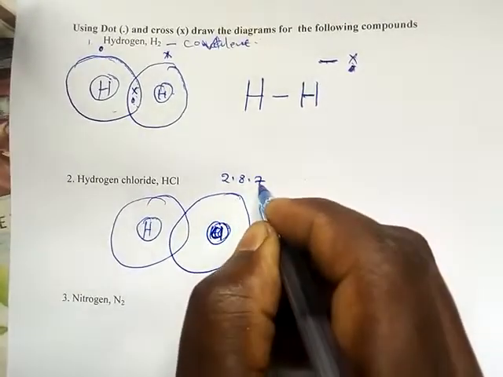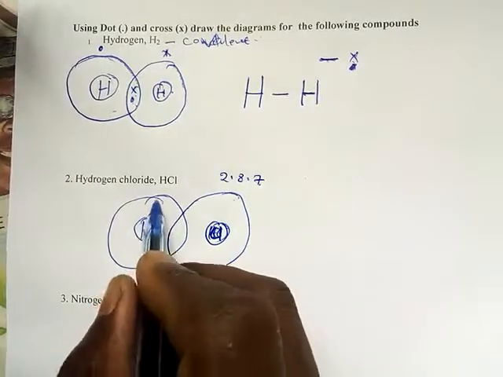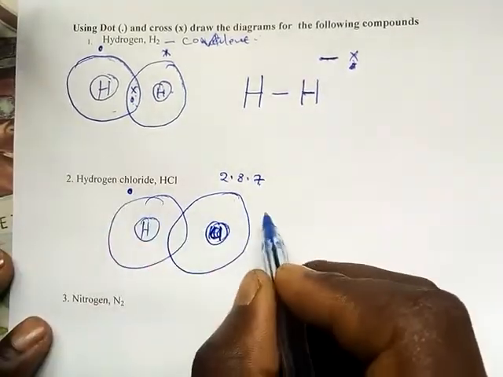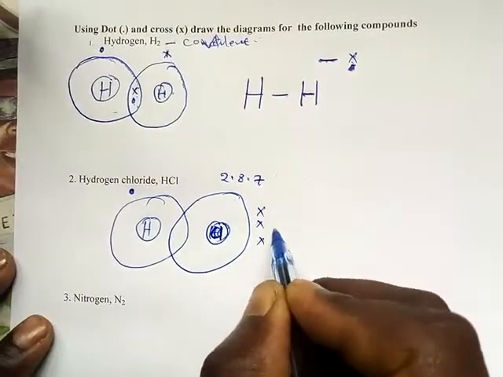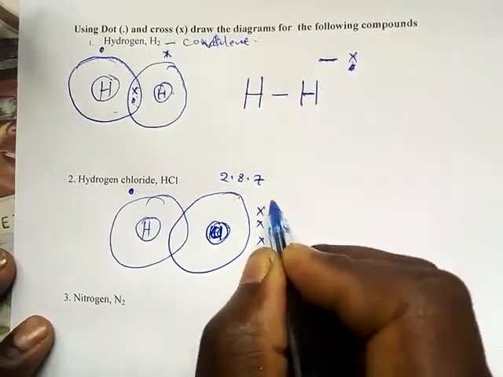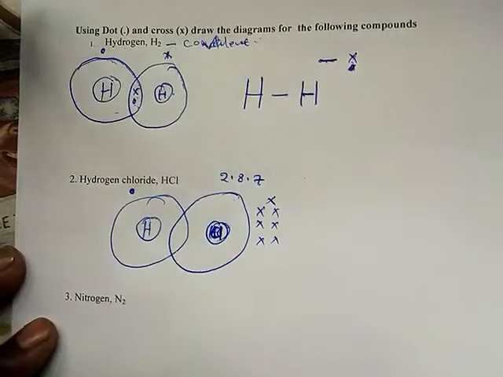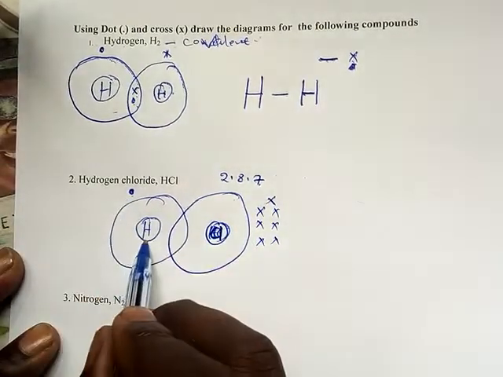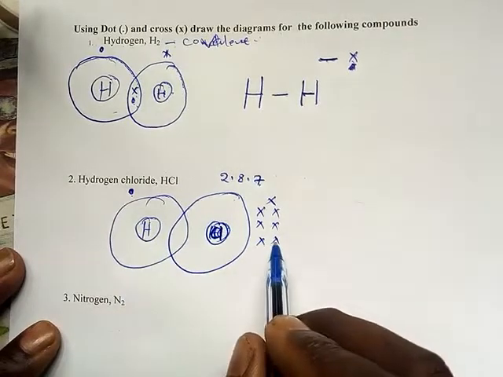Chlorine has 7 electrons in the outermost energy level, and hydrogen has only 1. So this one has 1, 2, 3, 4, 5, 6, 7. This one needs 1 to be stable, and this one needs 1 to be stable.